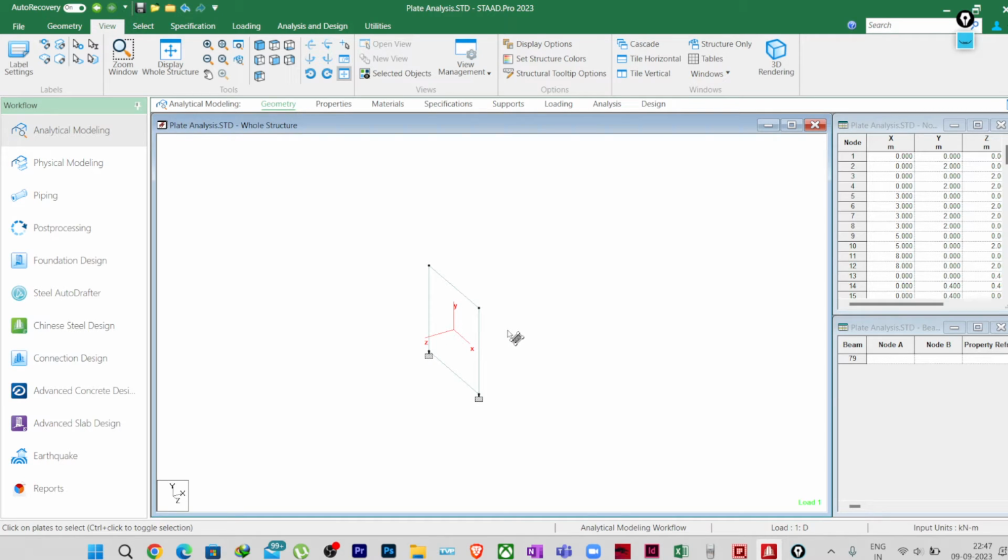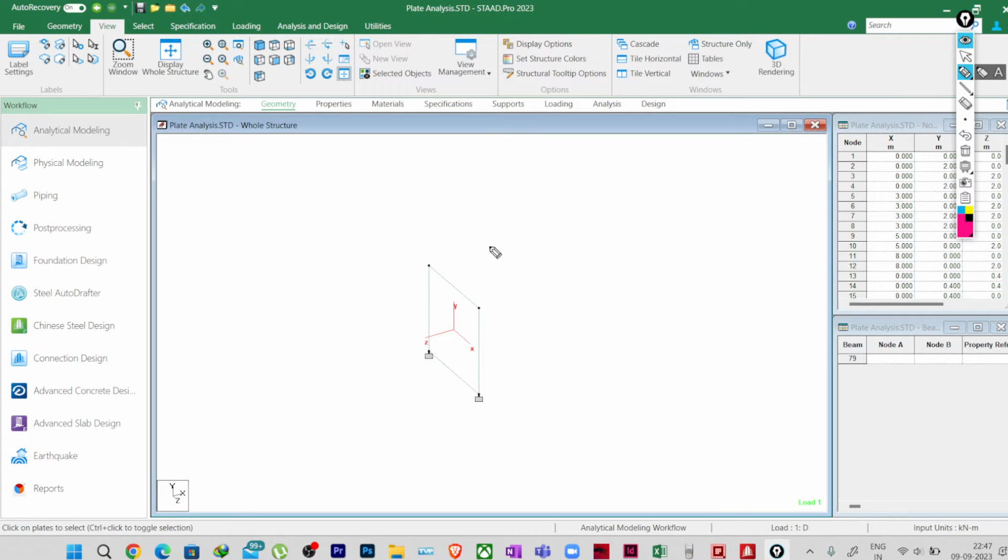So if you see here, X and Y we have in this way. So this is my Y, this is my X, and perpendicular to the vertical plane we have the Z axis, and this is the local axis of this plate element.